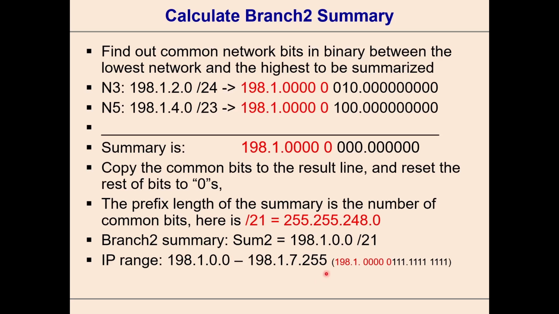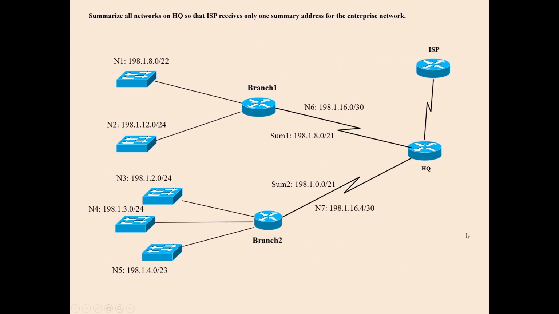The range starts from all 0s in host bits, then goes up to all 1s in host bits. When the host bits become all 1s, that's the last IP address in the summary. That's 7.255.